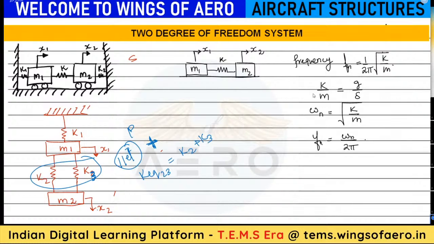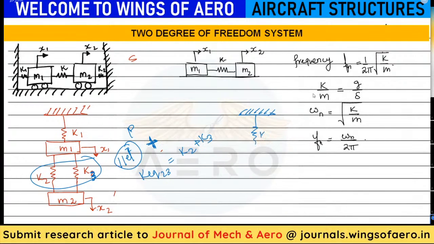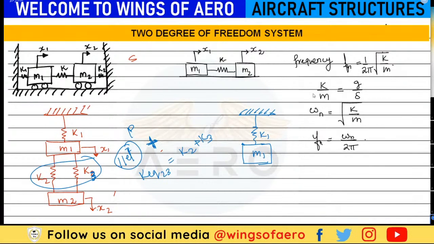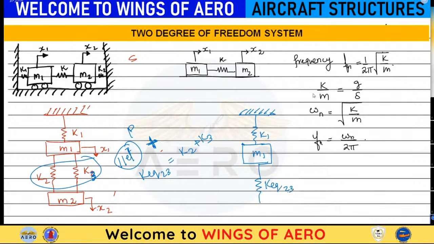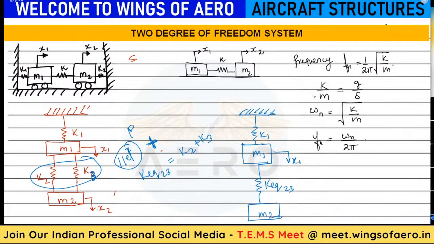When we simplify this spring system, this is K1, the masses remain as they are, and the spring becomes K equivalent 2, 3, and another mass M2. We will use this mechanism while solving this kind of problem.